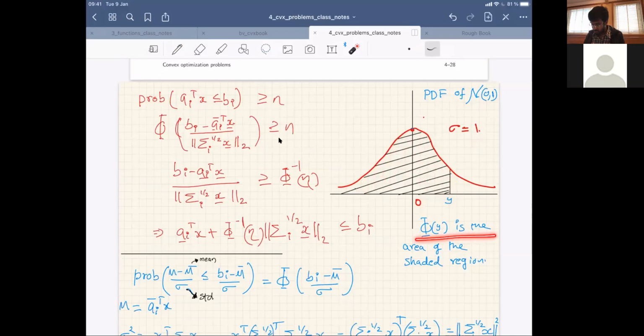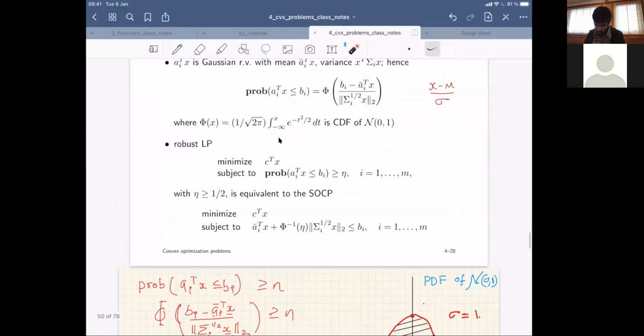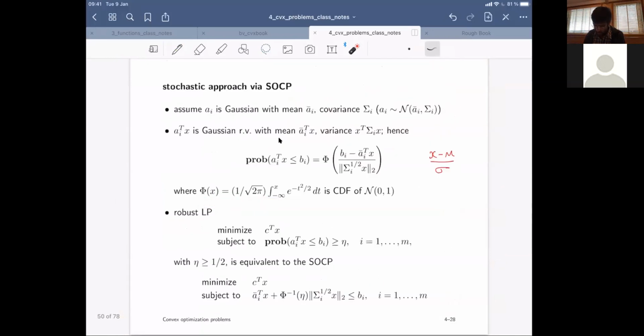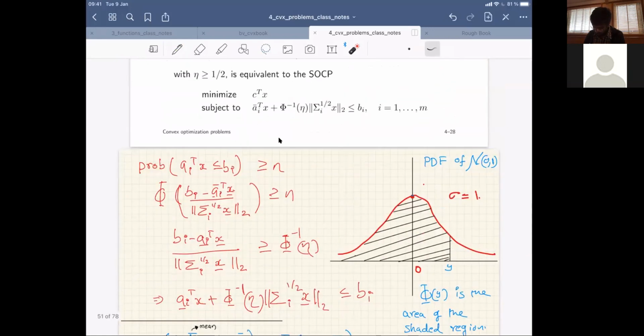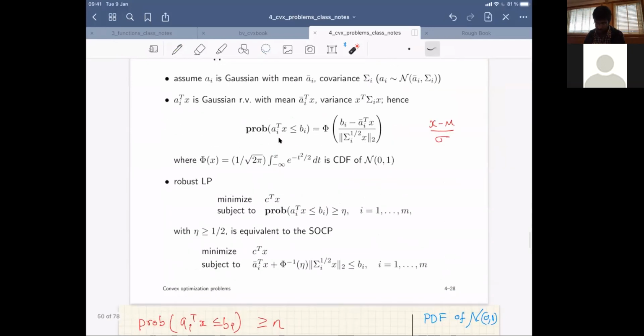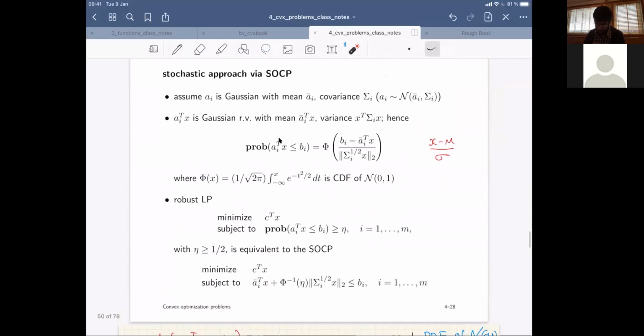Phi is the cumulative distribution function, CDF, given by integrating this Gaussian function with zero mean and unit variance, from minus infinity up to the point where you want to calculate the probability. This you already know from your bachelor's, right?